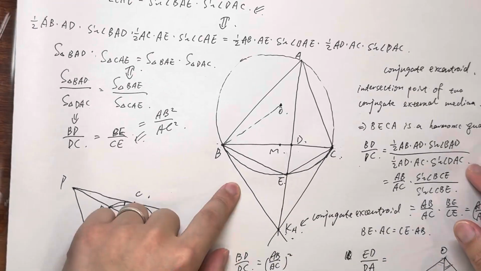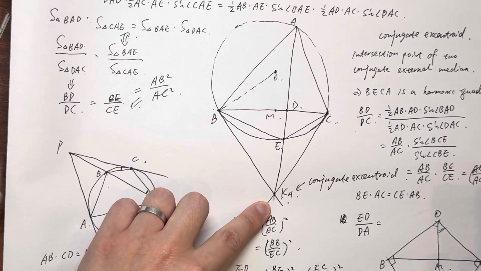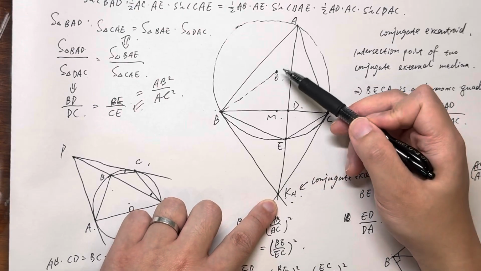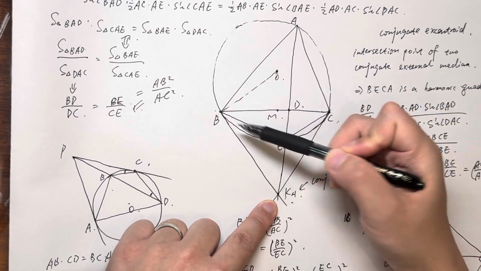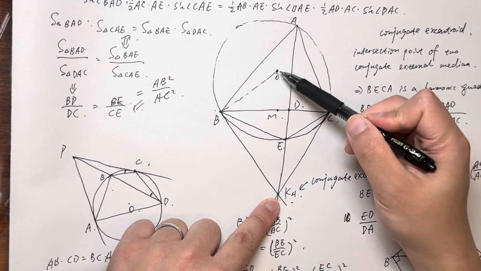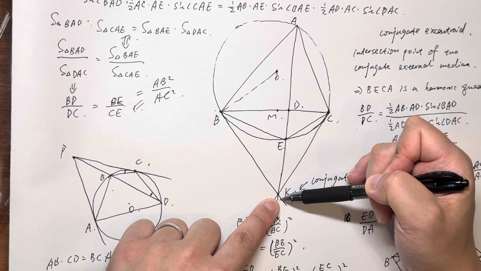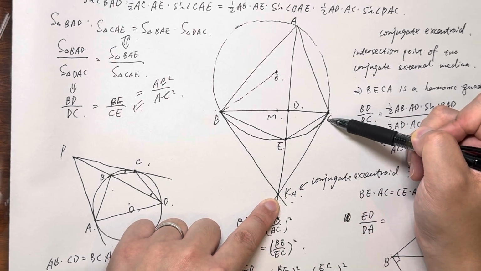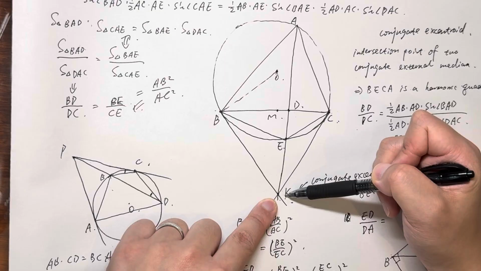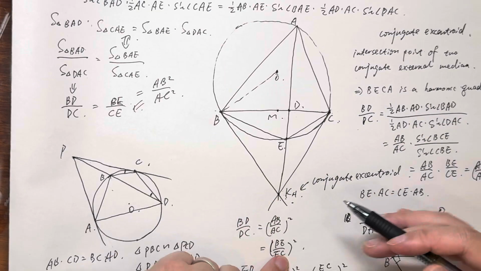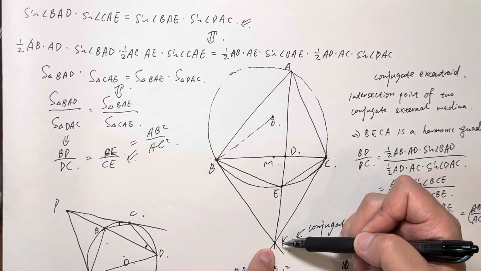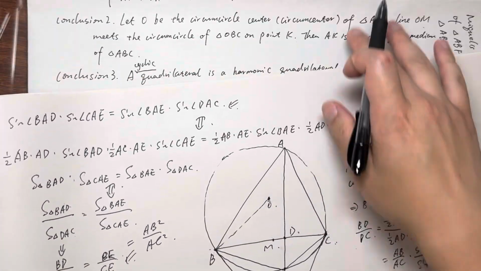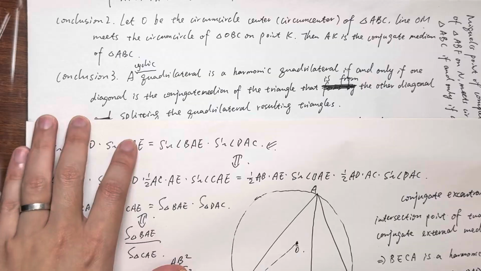If you look at this point K, it is the point KA, because OBKA is 90 degrees and OCKA is 90 degrees. That means OBKAC is a cyclic quadrilateral, which means KA is the point we are looking for. So basically AK is a conjugate median. That's a conclusion based on theorem 2.